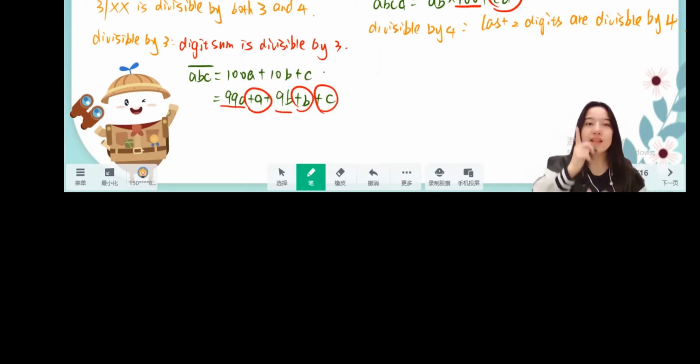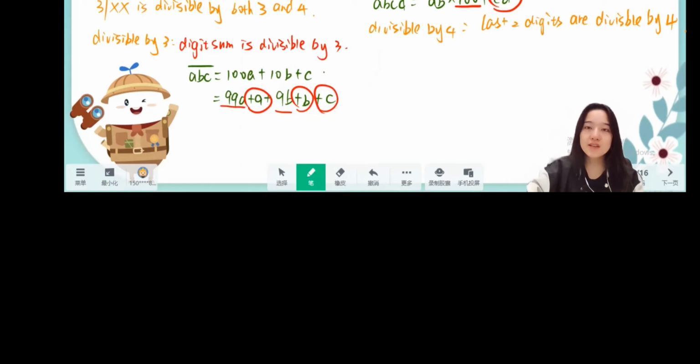Based on this, let's see when x equals 0. Is 00 divisible by 4? Yeah, it is. There's nothing left. That means it's divisible. But if x equals 2, is 22 divisible by 4? We will have a remainder 2. So it is not. But when x is 4, 44 divided by 4 equals 11.